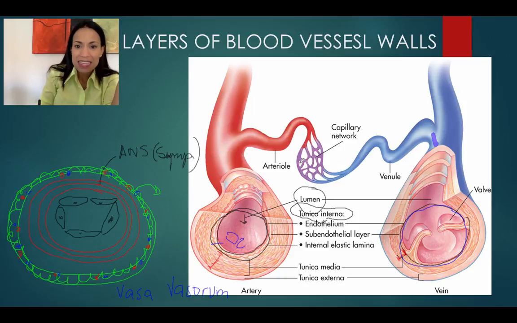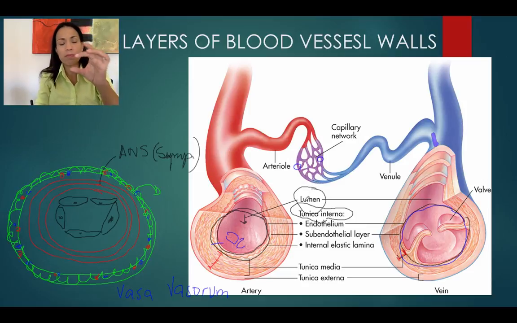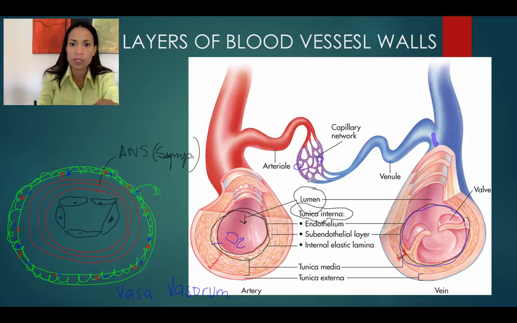Now, the structure of the capillaries is even simpler. They only have the tunica interna. That's it. They just have the endothelium with a basement membrane. And why? Because remember, right here in the capillary is where the exchange happens.